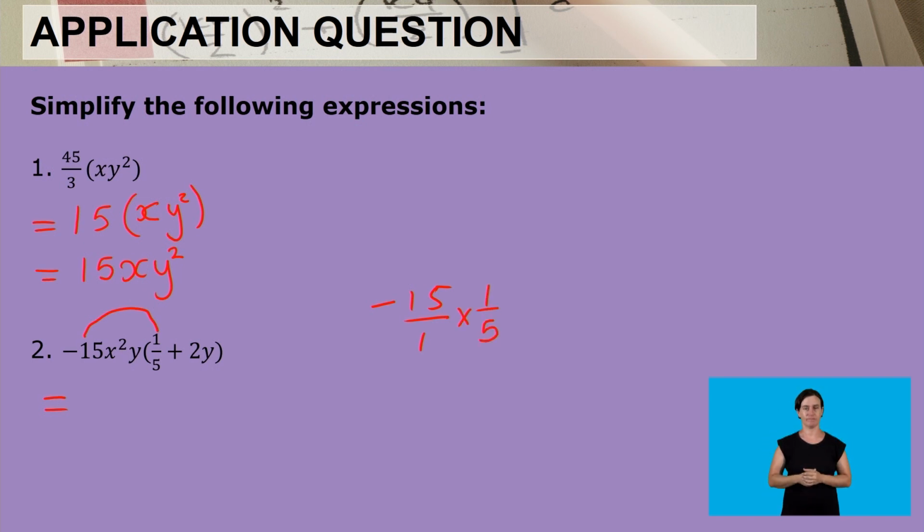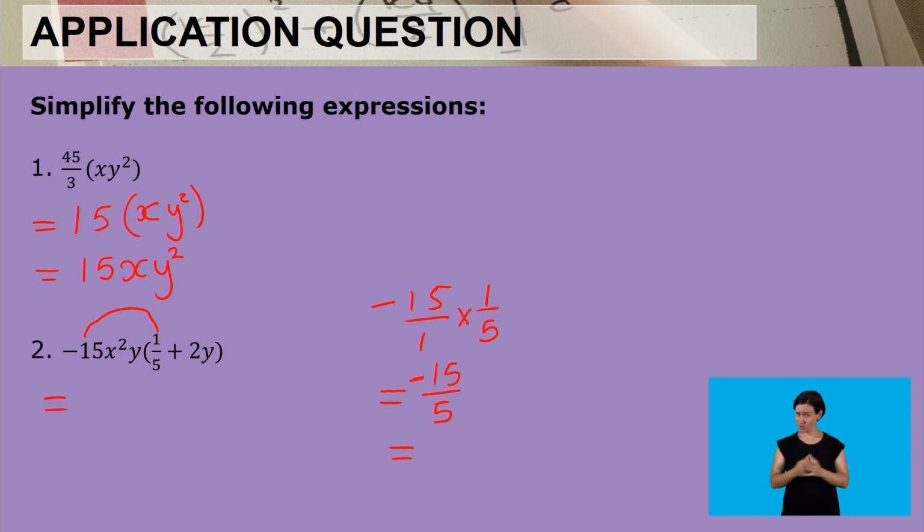And since we are multiplying two fractions, the numerator multiplied by the numerator, that is negative 15 times 1, that is going to be negative 15, and of course 1 multiplied by 5 is going to give us that 5. And if we simplify this fraction now, we have negative 15 divided by 5.